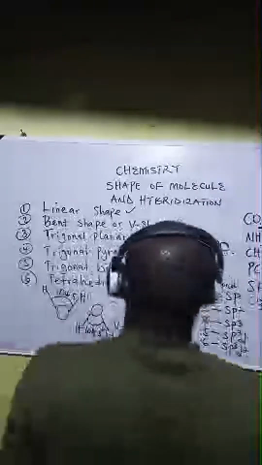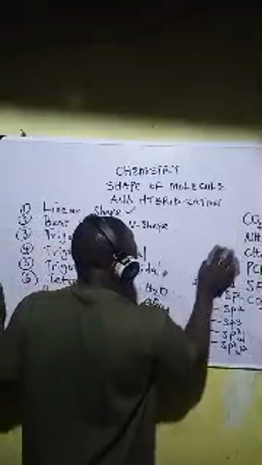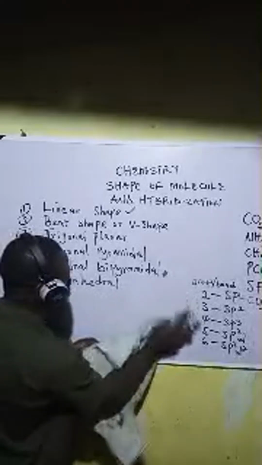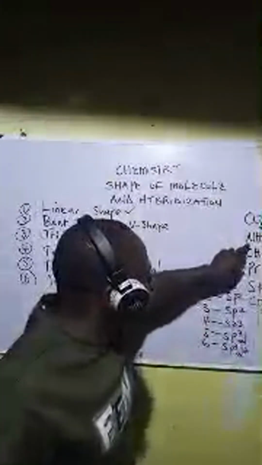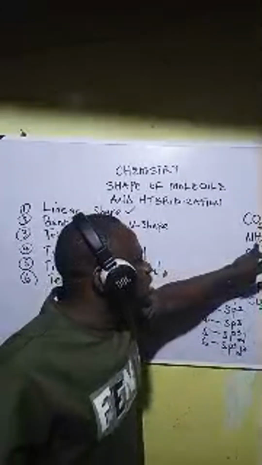Now let's look at the next one. What is it? Trigonal planar. In the case of trigonal planar, there are mostly three atoms of one kind attached.